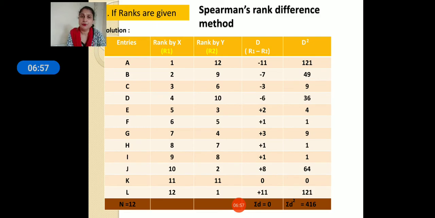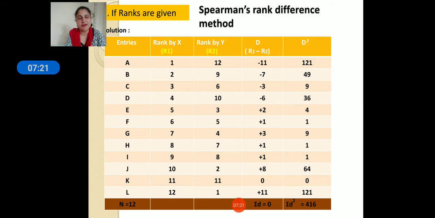Now what do we have to do in the next step? We have to square this D. So the square of 11 will be 121, but one thing you have to remember: if the value is negative, when you square it, it automatically becomes positive. Don't forget to put the positive sign, because minus and minus, when multiplied, become plus.